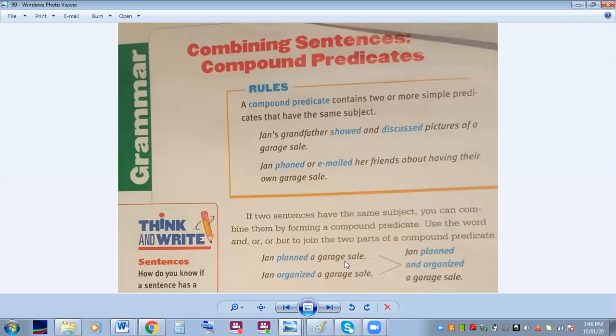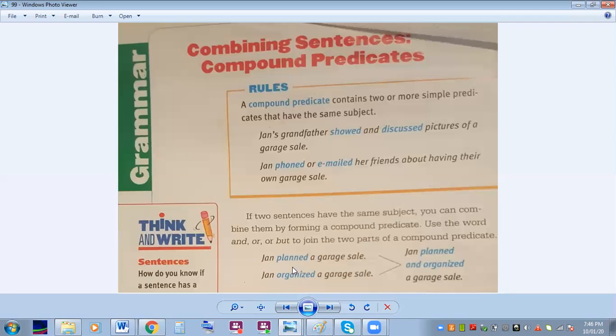Jan planned a garage sale. Our subject is Jan. What did Jan do? She planned. Again, Jan organized a garage sale. What did Jan do? She organized, okay? Notice that when they have the same subject, we can combine the predicates.